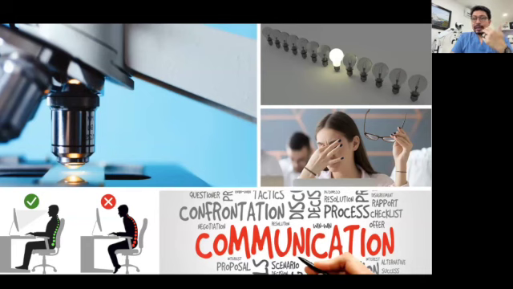Then we need to think about the health of the clinical practitioner, because the microscope will change your clinical posture.